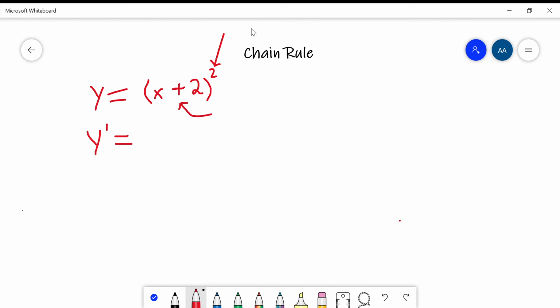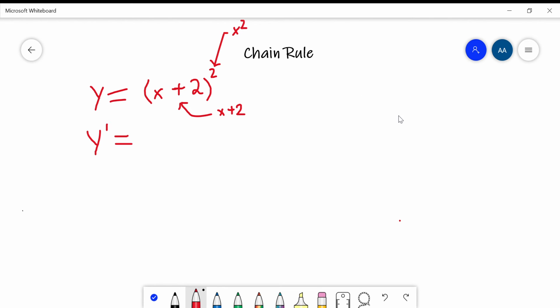I'm going to cut to the chase and tell you what it is. The outside function is going to be x squared. The inside function is going to be x plus 2. That's the first step to doing the chain rule.